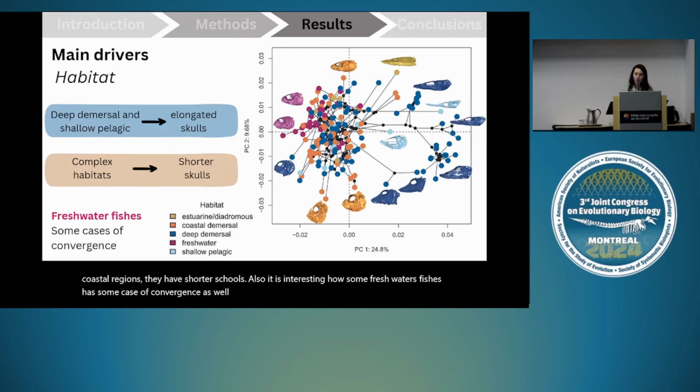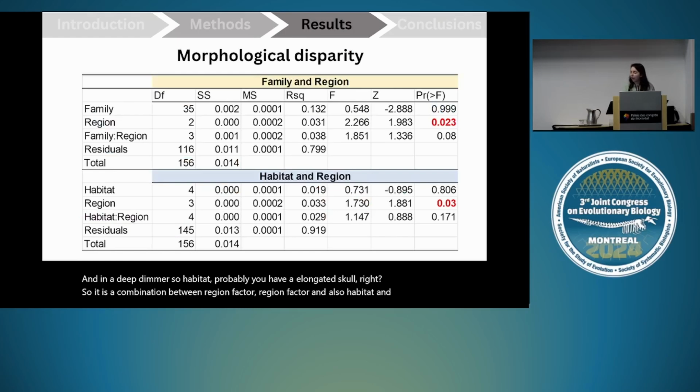In this sense, we can predict that if you are a fish restricted to Antarctica and living in a deep demersal habitat, you probably have an elongated skull, right? So it is a combination of region and habitat. And if you look at the results about morphological disparity, independently of the family or the habitat, it seems region is the main factor playing a relevant role in morphological disparity.